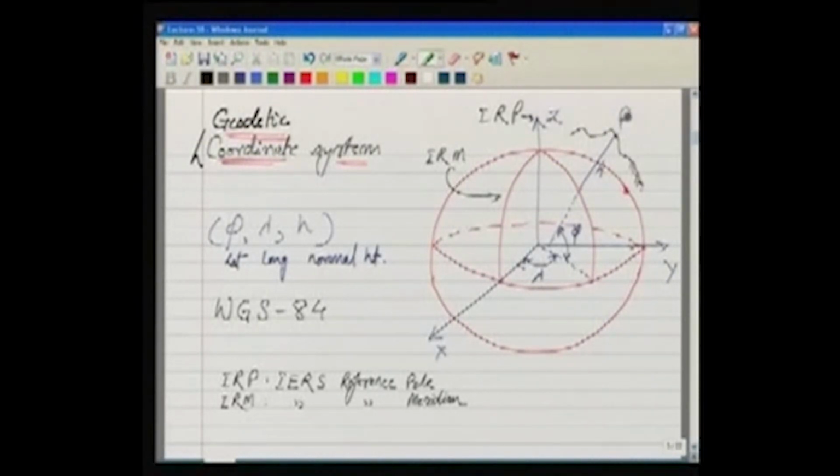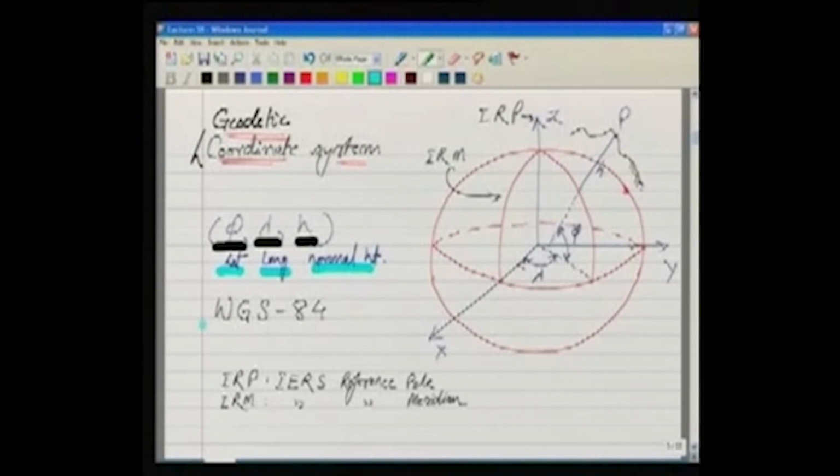A point on the surface of the earth can be represented in this reference ellipsoid in terms of, as we have written over here, phi, lambda and h. What are these? The phi, lambda and h are, this is the latitude and this is longitude and this is the normal height.